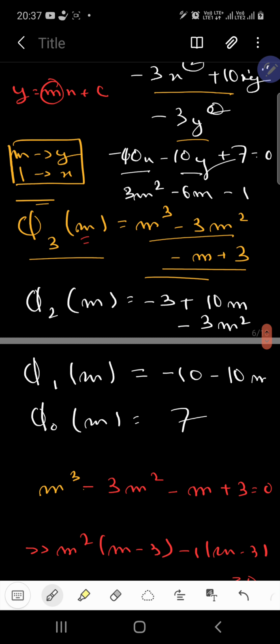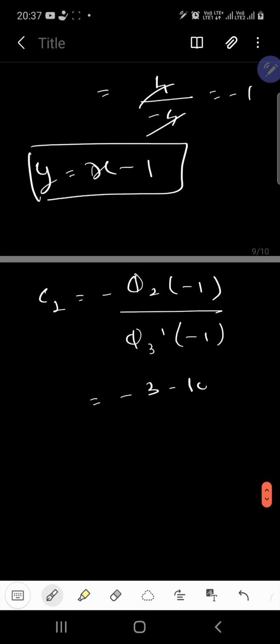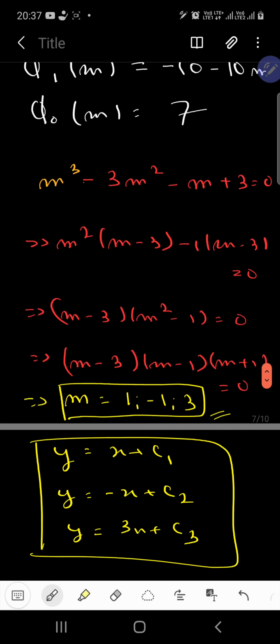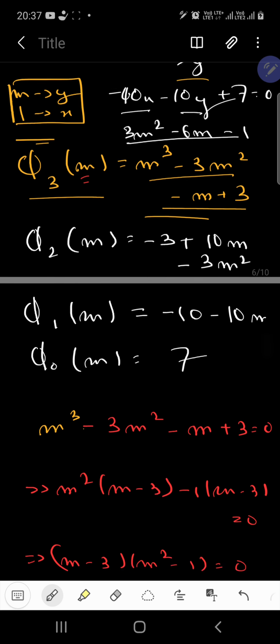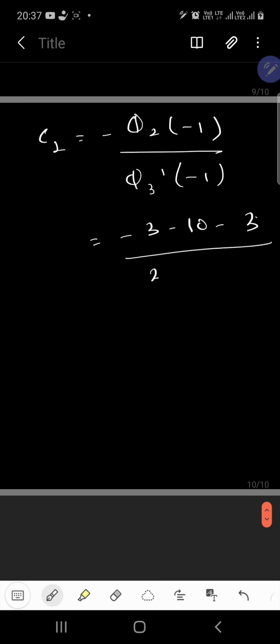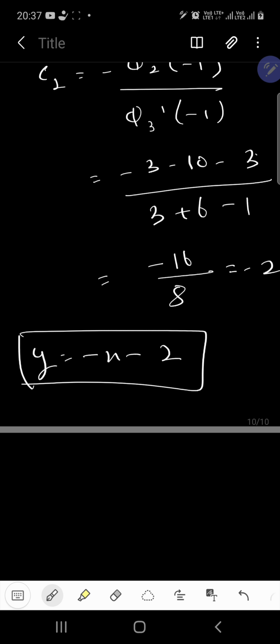So phi 2 minus 1 will give you minus 3 minus 10 minus 3, and in the denominator, this was your derivative, so this will become 3 plus 6 minus 1, which gives you minus 16 over 8. That is minus 2. So the next equation you get is y equals minus x minus 2. This is the next equation of the asymptote.